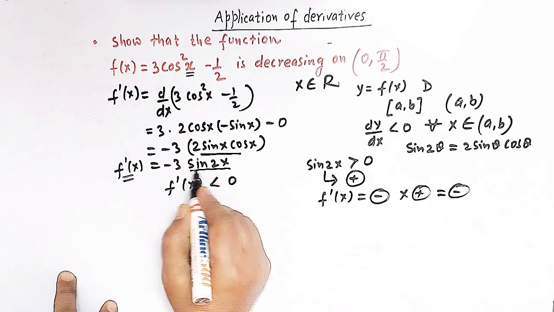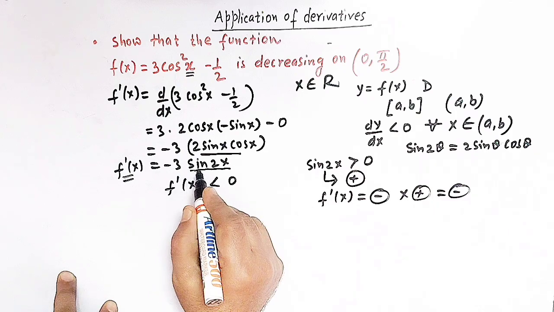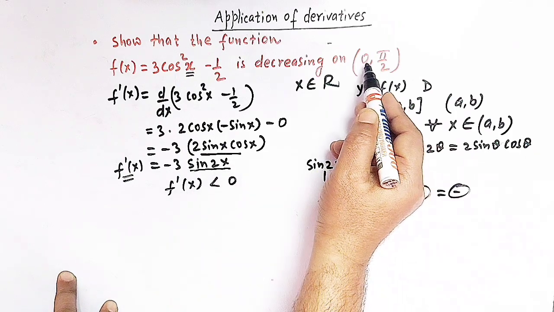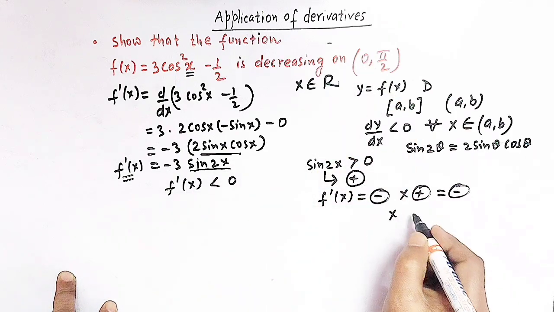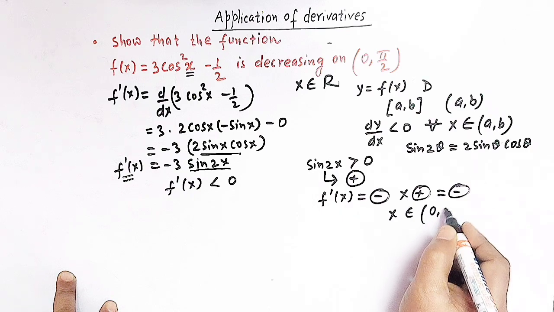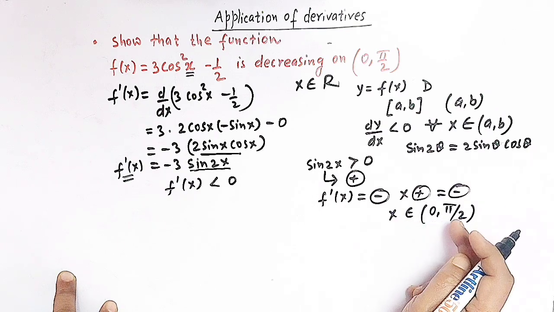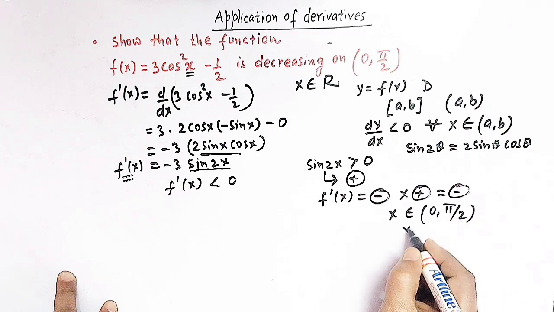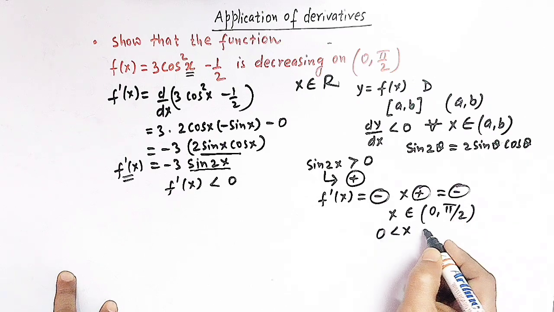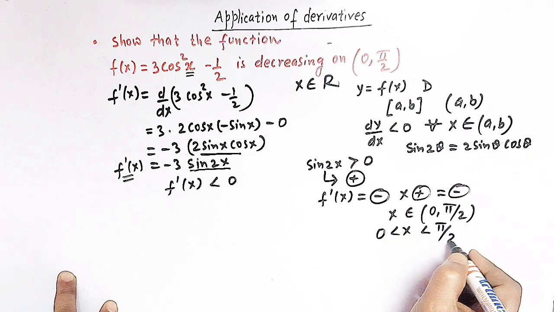Now let us consider the sign of sine 2x in the interval x belonging to 0 to pi by 2. So x belonging to 0 to pi by 2 implies that x is greater than 0 but less than pi by 2.